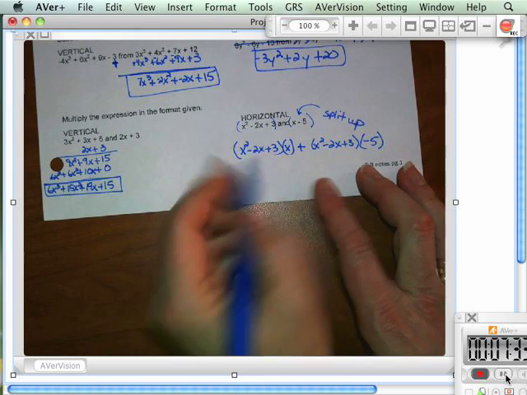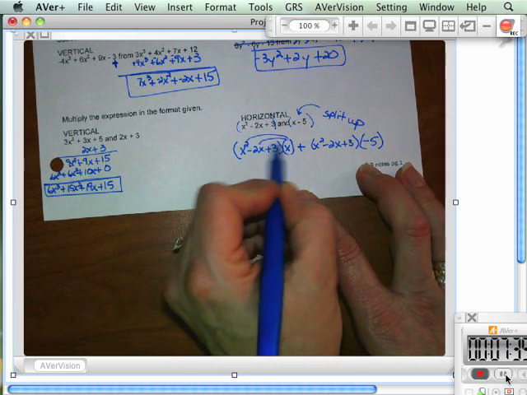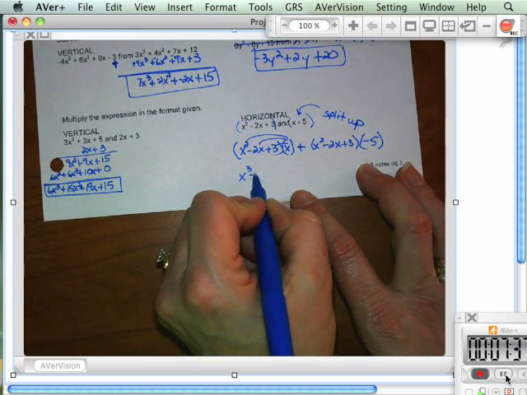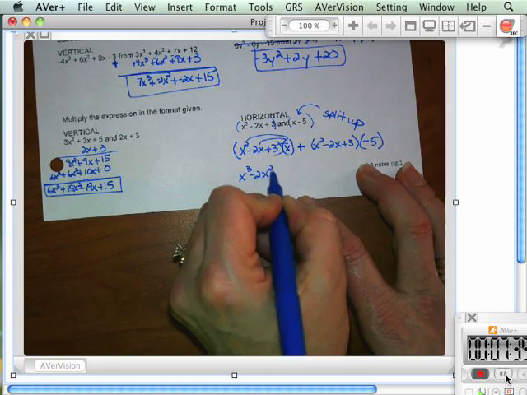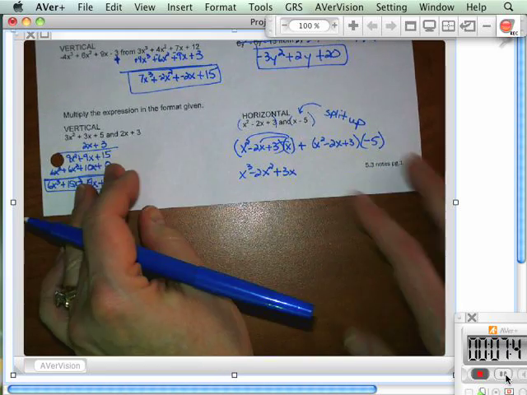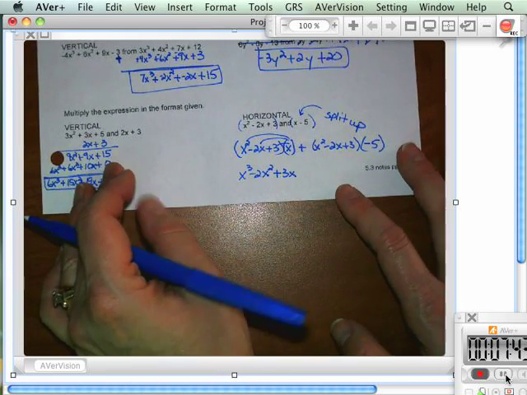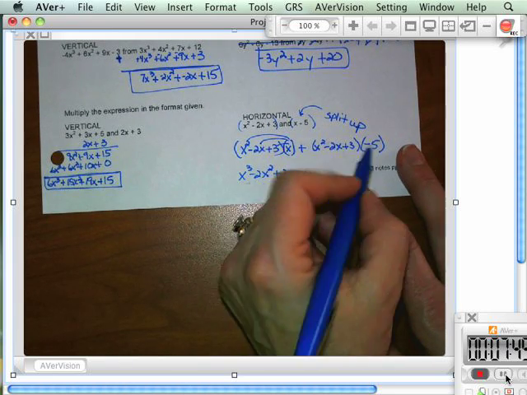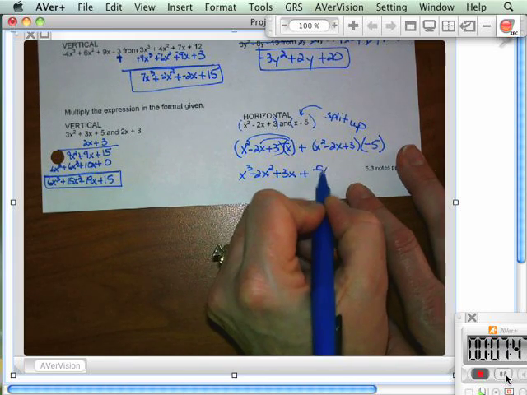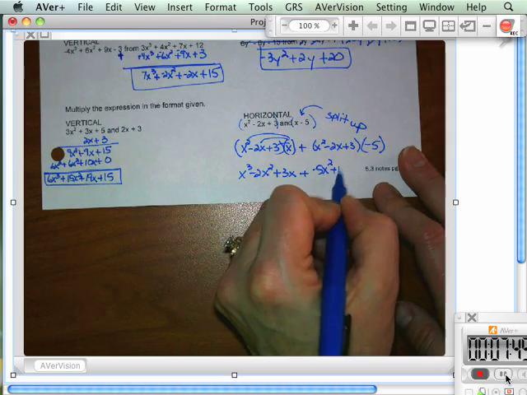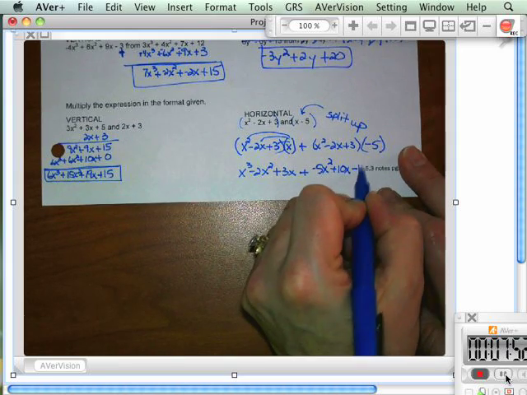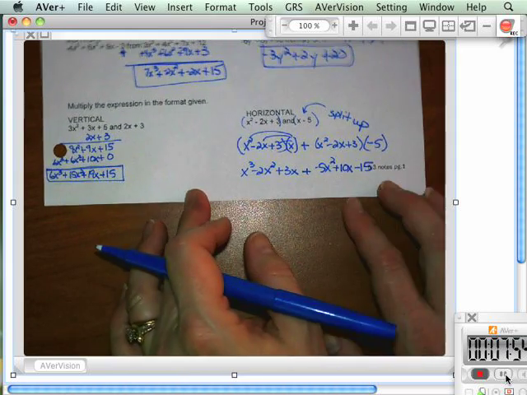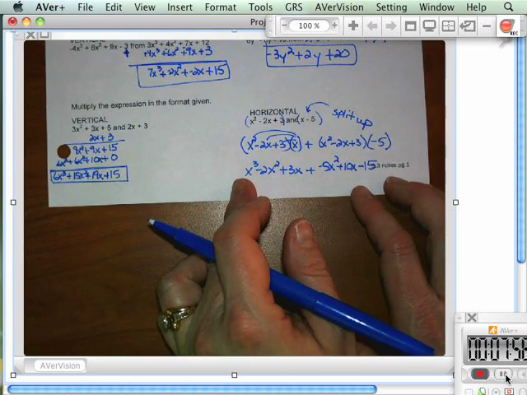So I'm going to distribute that x to each of these. And I get x cubed minus 2x squared plus 3x. And then I'm going to add to that negative 5x squared plus 10x minus 15. Then I got to take a look across and combine like terms.